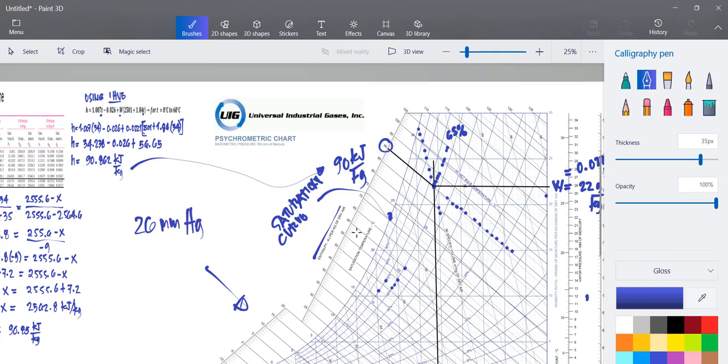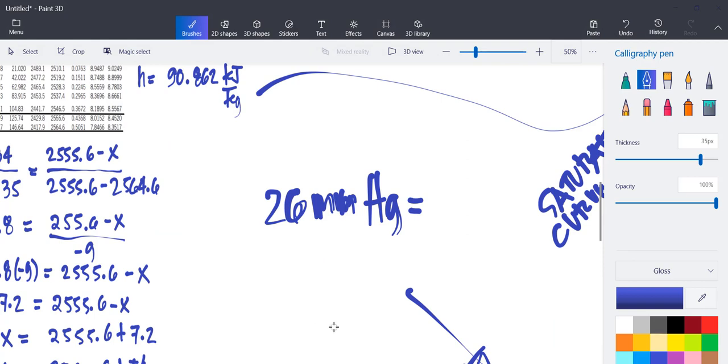So let's try to convert this one to kPa to see if it is the same value that we have. So this is equal to, we have 26 mm of Hg. Okay, let's try to convert this one. So we have a conversion, no?